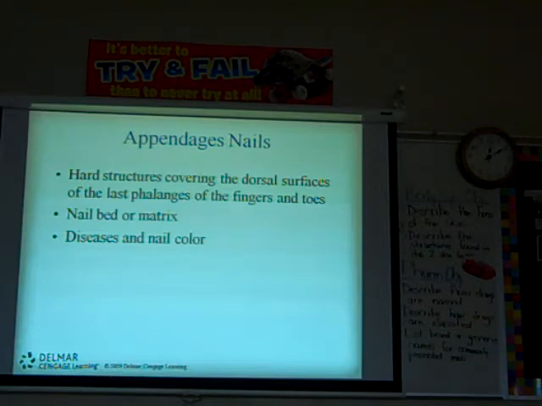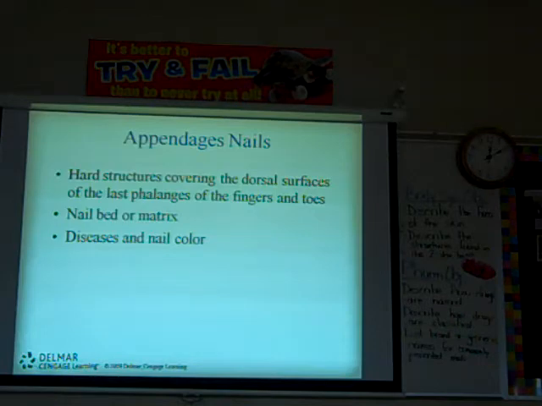Nails. Nails have a hard structure on the dorsal side of the body, or the hand. Why are your fingernails on the dorsal side of your hands? This is kind of a trick question.